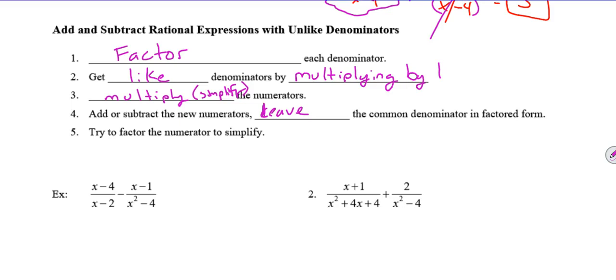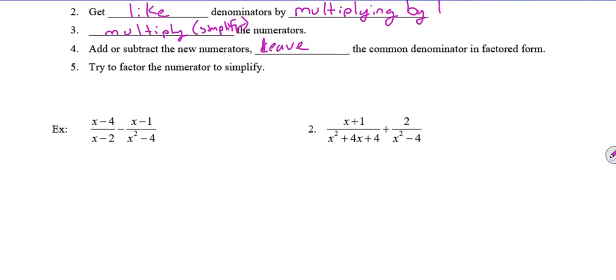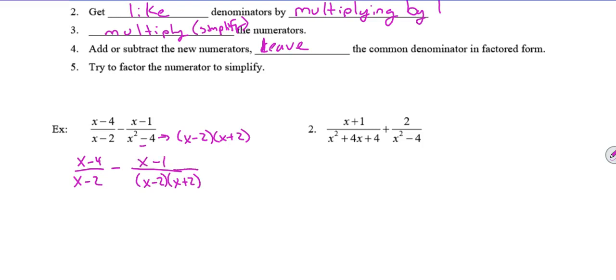So let's take a look at this example. x minus 2 is factored already, so I'll leave the first one by itself. I'm subtracting. This one will factor into x minus 2, x plus 2, with x minus 1 on top.